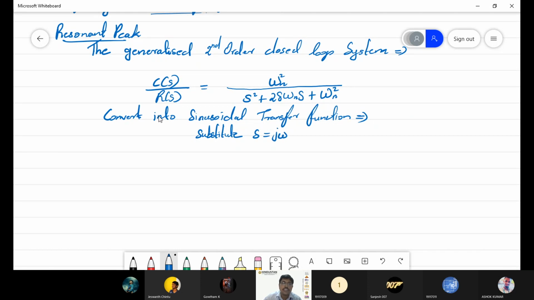So while substituting s equal to j omega, it becomes C of j omega divided by R of j omega is equal to omega n square divided by, instead of s square, j omega the whole square plus 2 delta omega n multiplied by j omega plus omega n square.